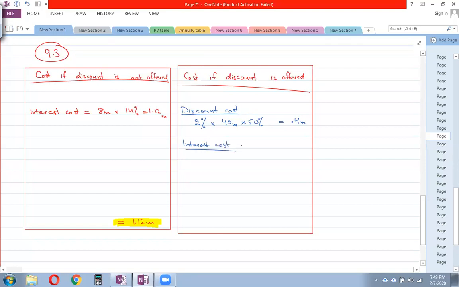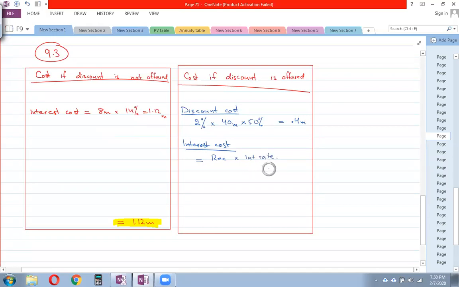Well, interest cost will be reduced, of course, because our receivables will be reduced. But how much will be the receivables now? We have to calculate it actually, right? So that will be equal to receivables multiplied by the interest rate.